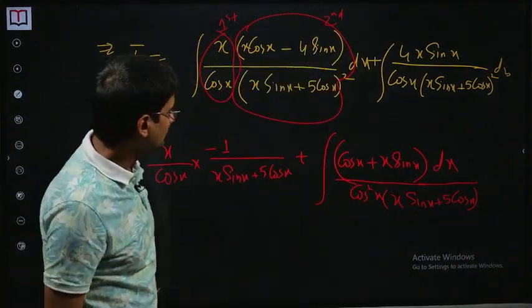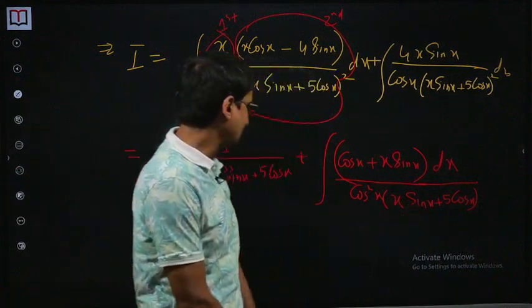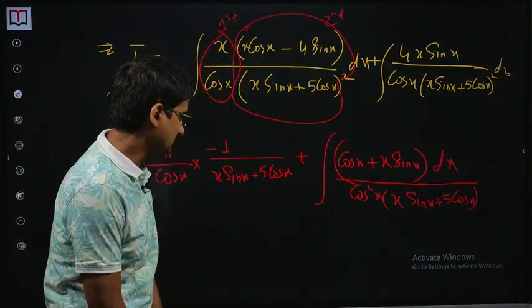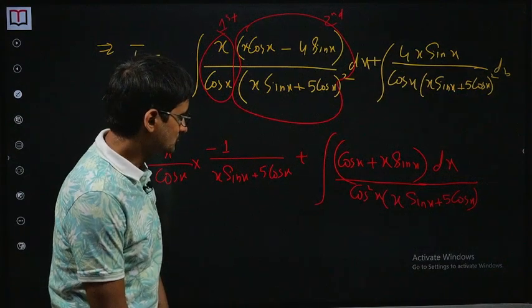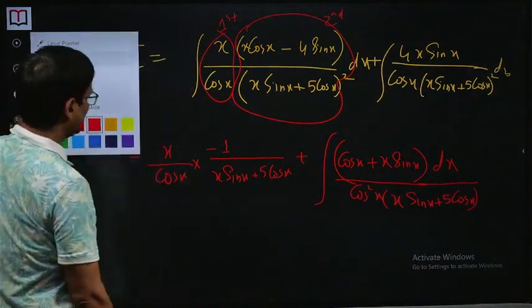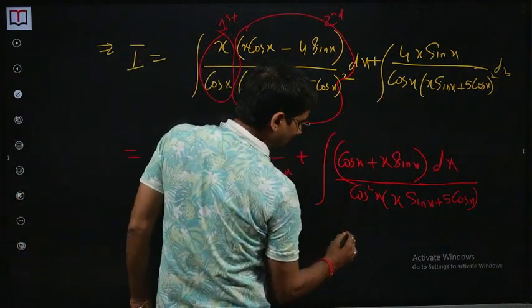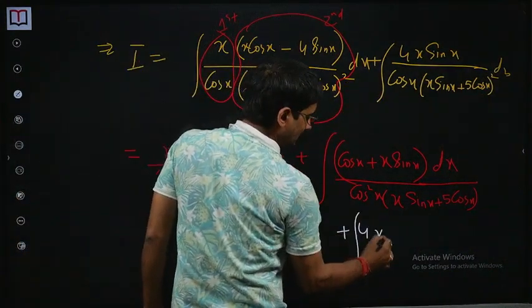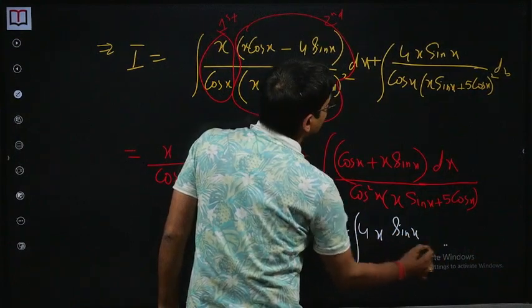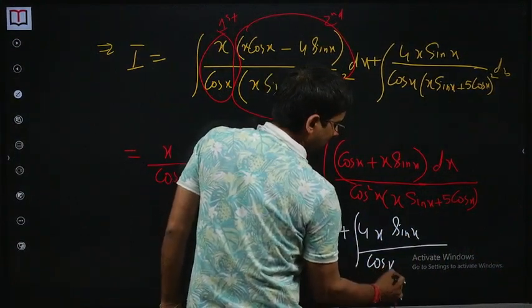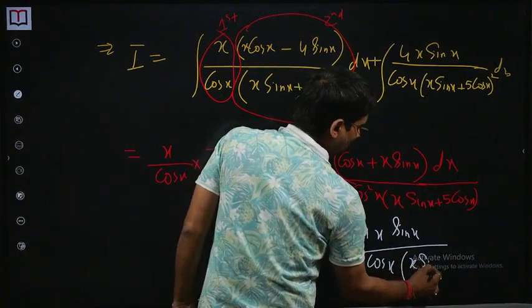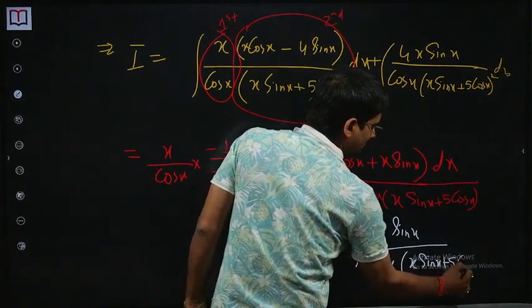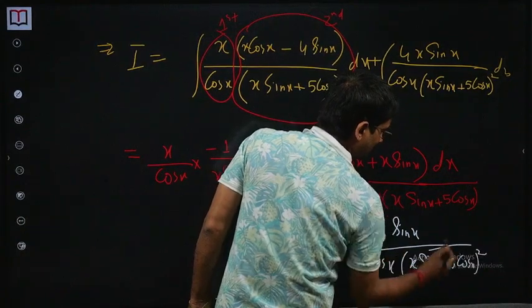Okay, so we have x sin x plus 5 cos x. And then we have one more term which is 4x sin x upon cos x into x sin x plus 5 cos x whole square.